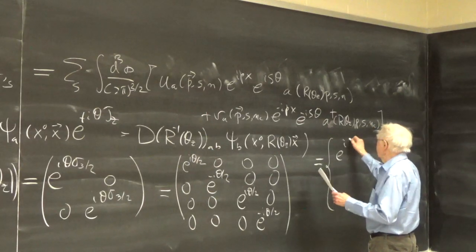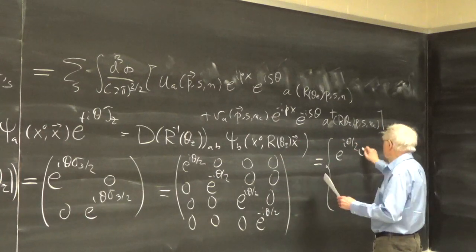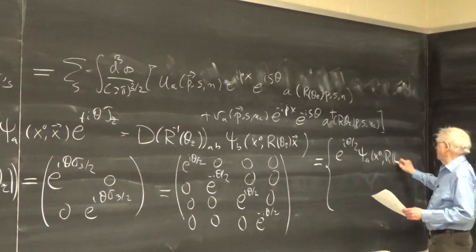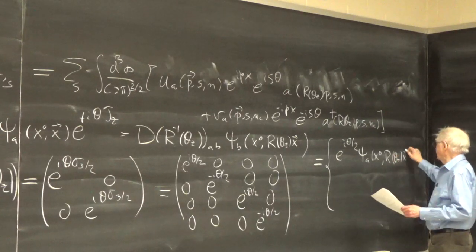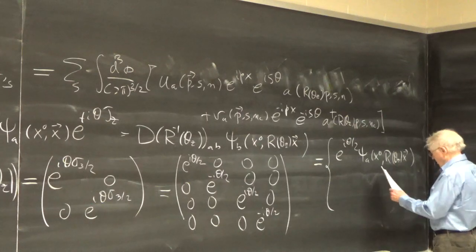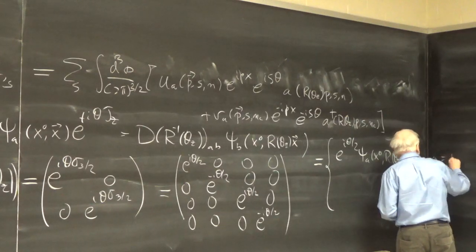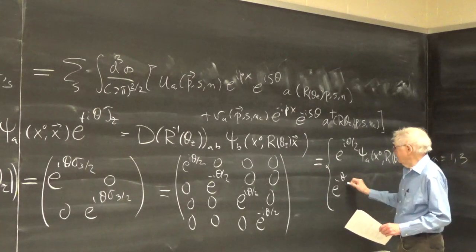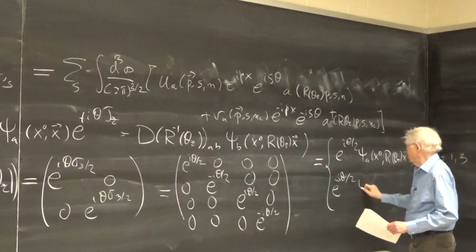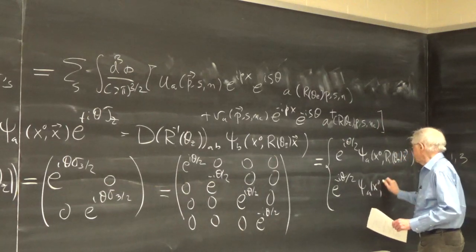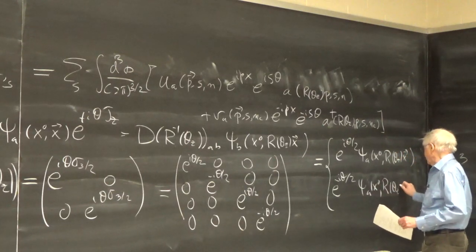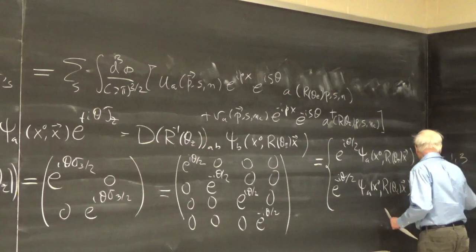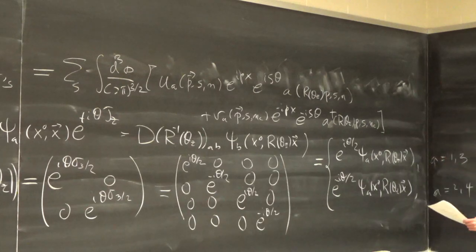It's e to the i theta over 2 psi A of x0, and then r of theta z x, for A equal to 1 or 3, and it's e to the minus i theta over 2 psi A of x0 r of theta z x, for A equal to 2 or 4.